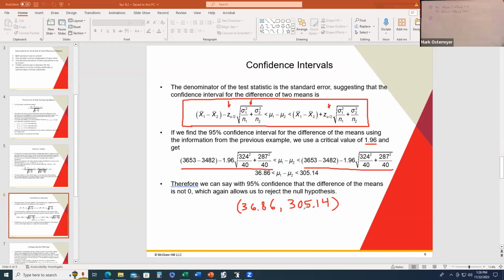And because 0 is not in this interval, the difference between the population means could never be 0. And we say that with 95% certainty. So that indicates that there is a difference between these population means because 0 is not contained in the interval. Very important observation there. So the 95% confidence interval corroborates our hypothesis test. Both are indicating that there is a difference, okay, between the mean sodium intake of men and women.